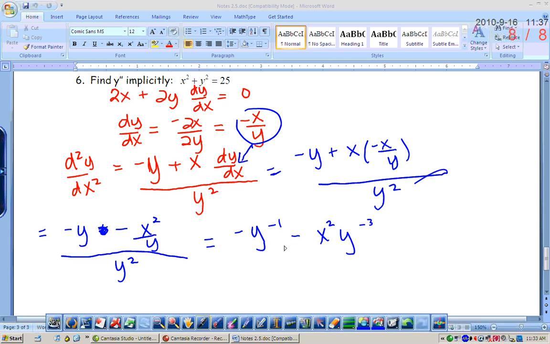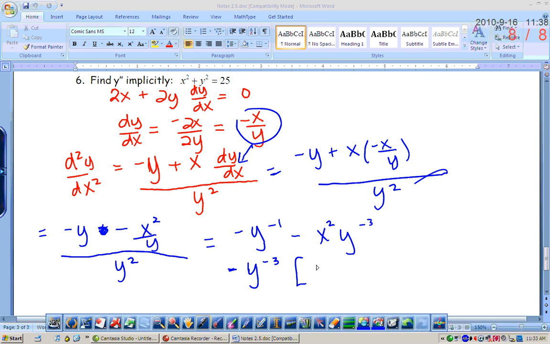All right, I've got a common factor here. You always factor out the smallest exponent. Well, what is the smallest exponent? Right, y to the negative 3. And I'm going to pull out a negative y to the negative 3, since both terms are negative.